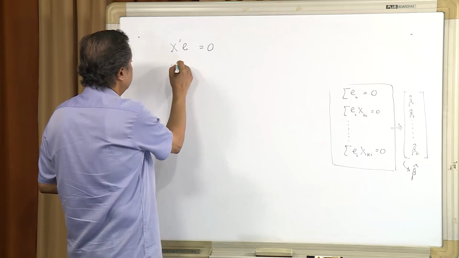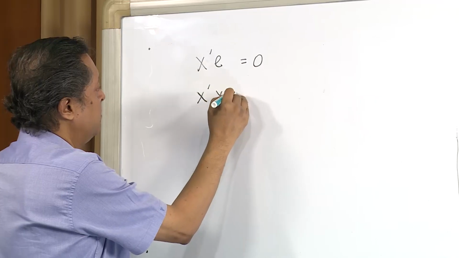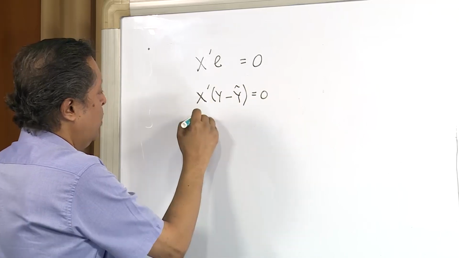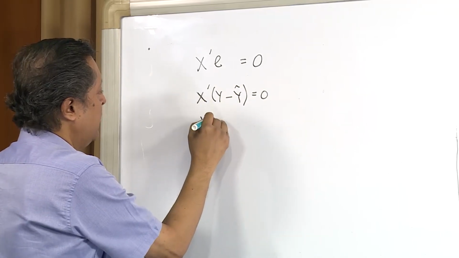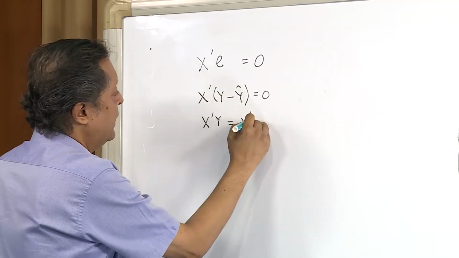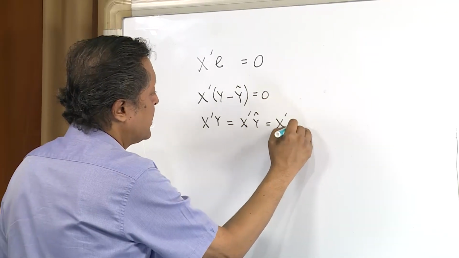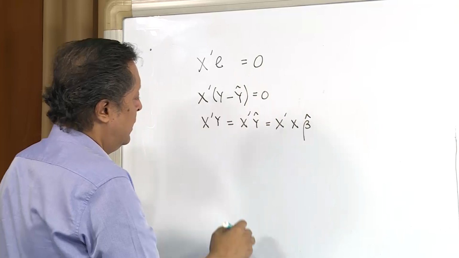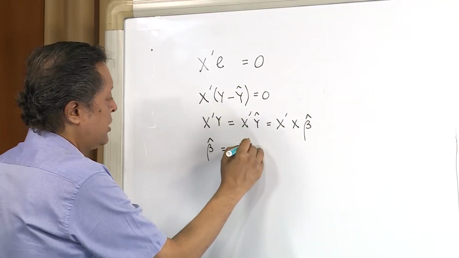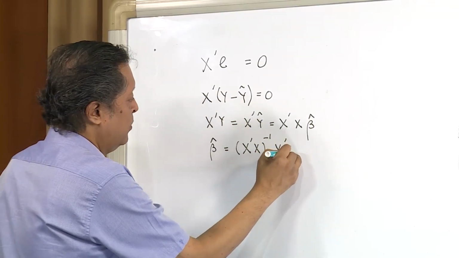From here we write X prime, and instead of e we write y minus y hat, is equal to 0, which means X prime y is equal to X prime y hat, which is equal to X prime X beta hat, which means beta hat is equal to X prime X inverse X prime y.